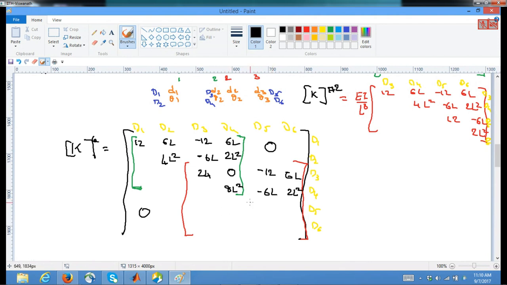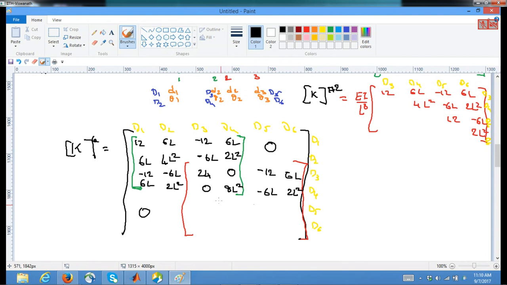And this one is 6L, minus 12, minus 6L, 2L square, this was again 0.